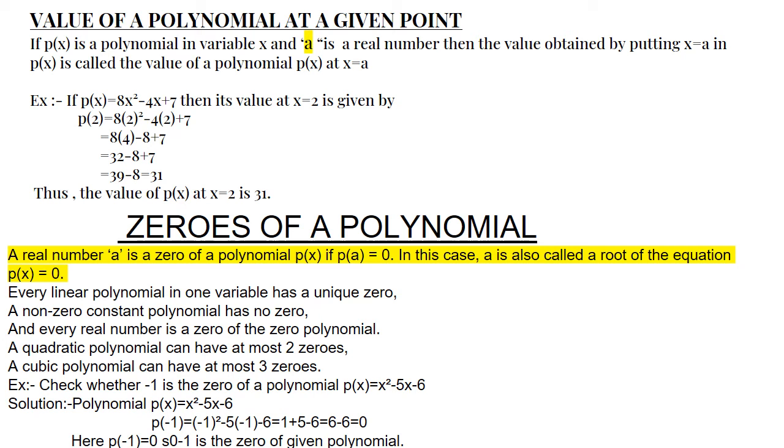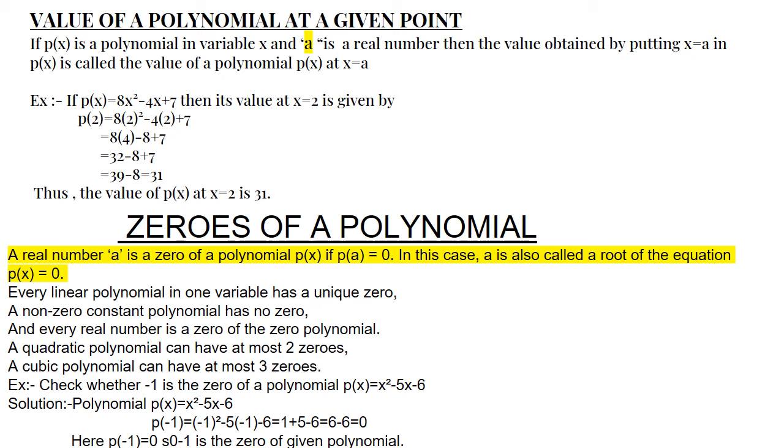So here in this p(x), we got 31 at x equal to 2. If we substitute any value instead of x, and we get the value of this polynomial as 0, then that value is said to be a zero of the polynomial.